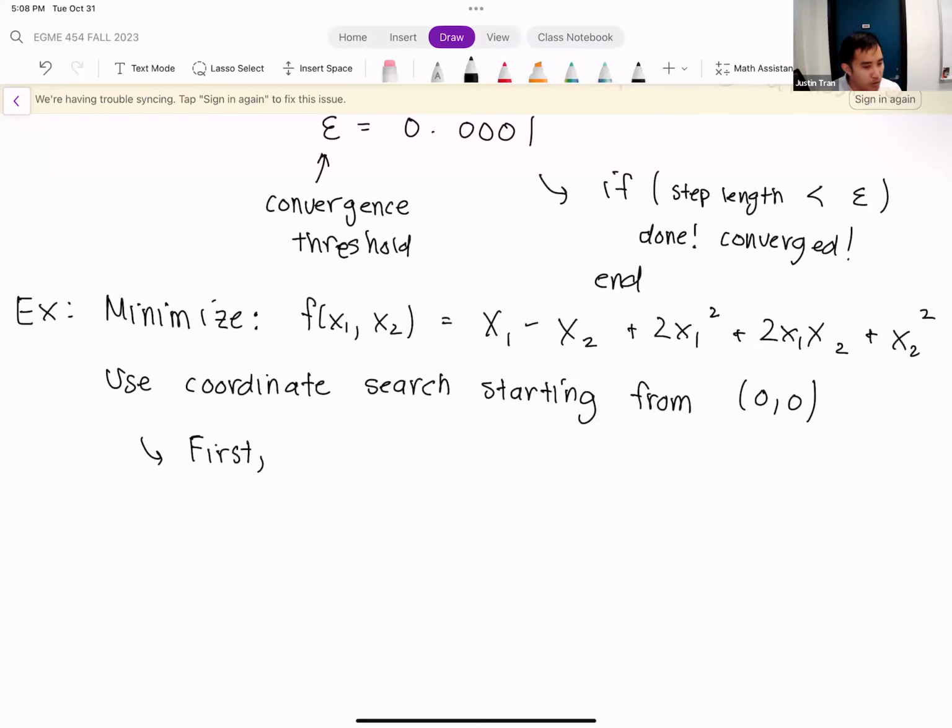And for this particular problem, we're gonna cheat a little bit. We're gonna use classical methods to determine expressions for the optimal step length.